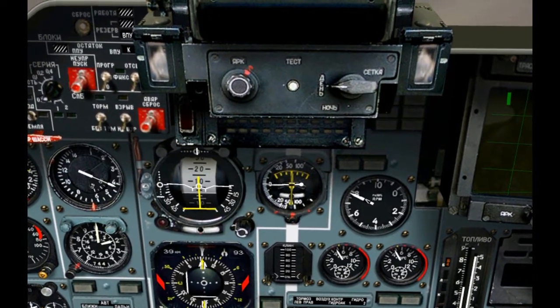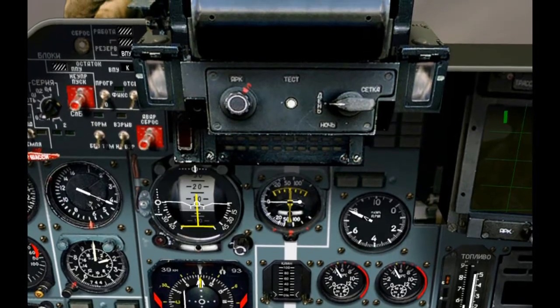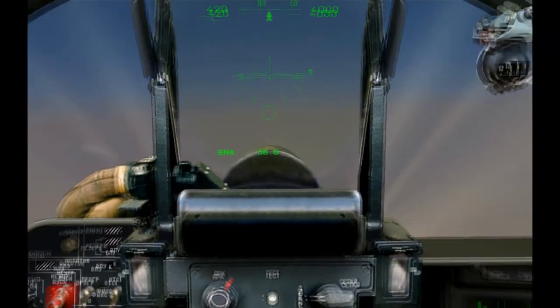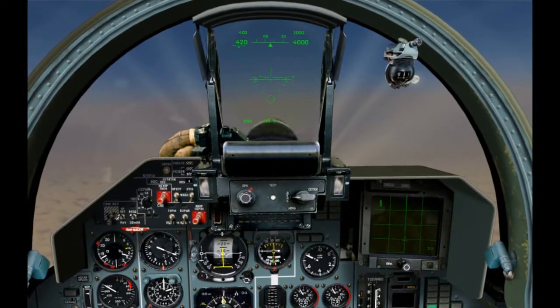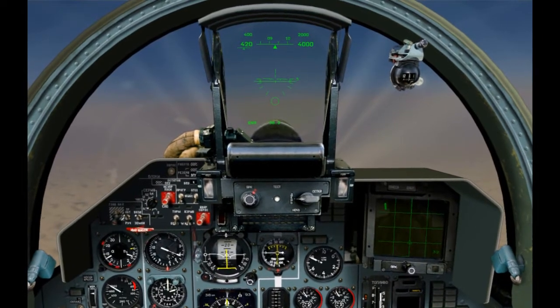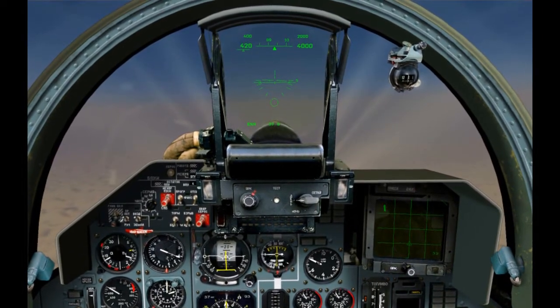While the ADI is a backup for the HUD, the HSI is a backup for the MFD. They each show slightly different information, but they can both be used for navigation, even without the HUD or MFD.